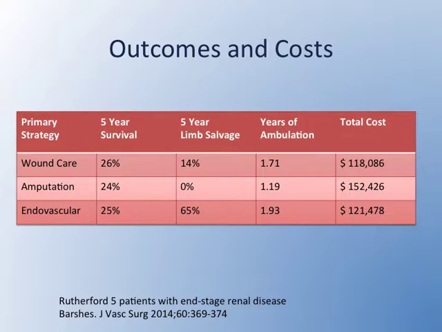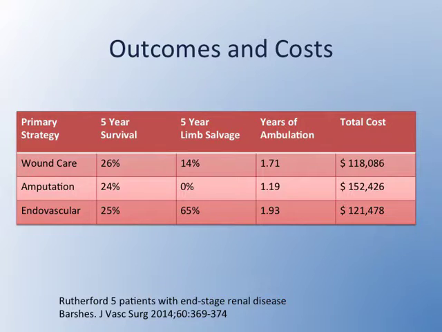But if you look at the next column, 5-year limb salvage, obviously with amputation it's 0, whereas with an endovascular approach you've got a 2/3 chance of still having the limb intact. And in years of ambulation, you get almost 1 additional year of ambulation with an endovascular approach.